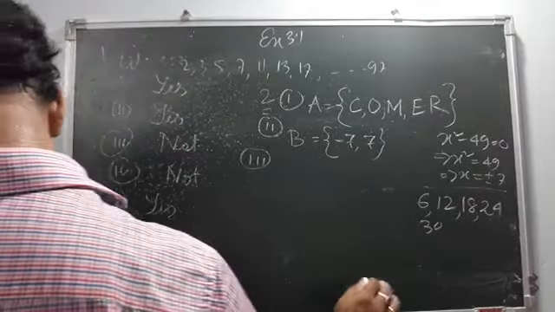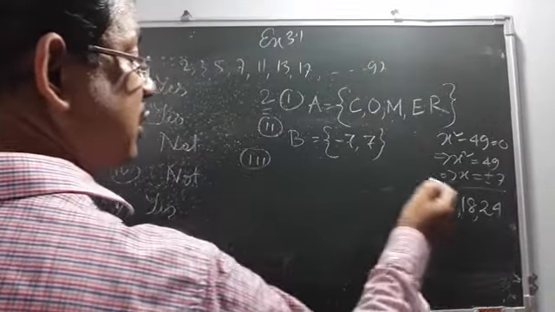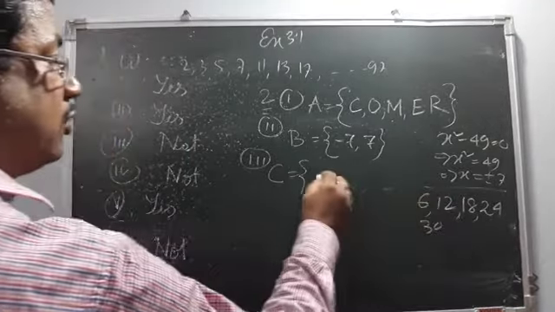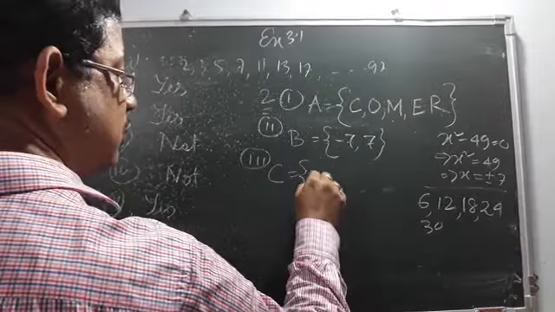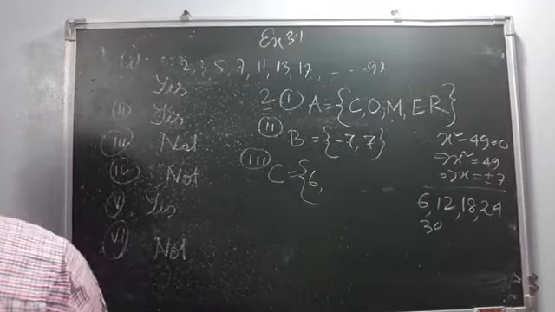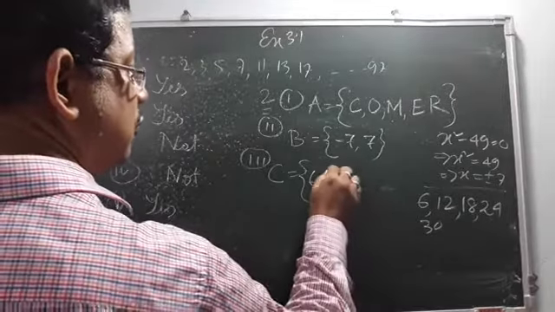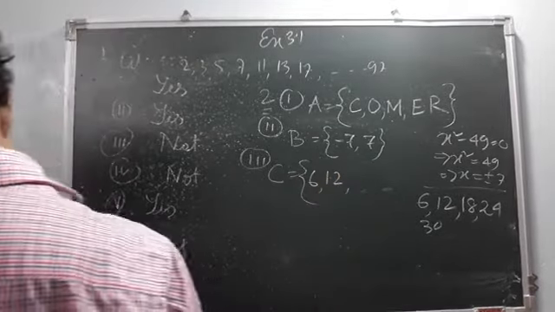We have to take those whose square is less than 400. 6 square is 36, less than 400, so we can take it. 12 square is 144, so we can take 12 also.